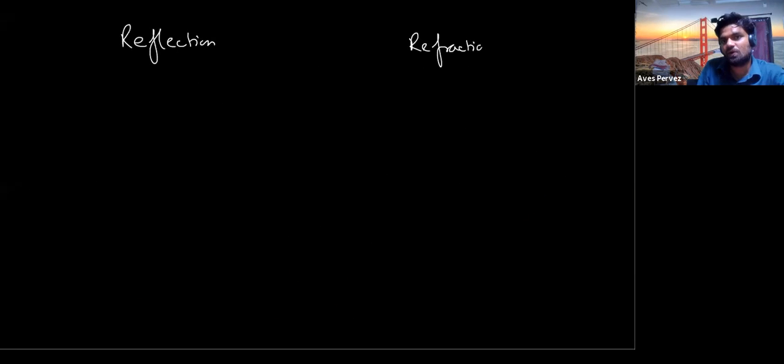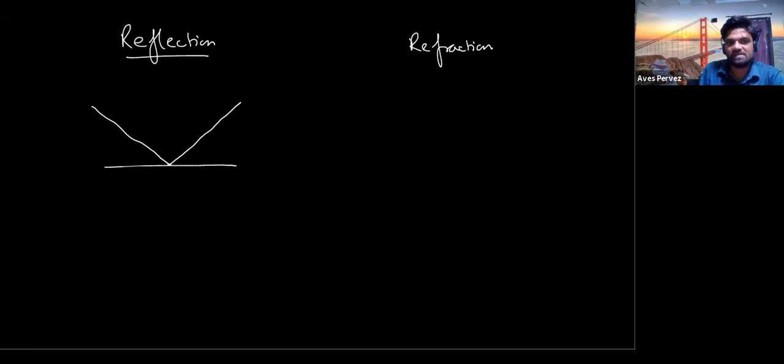What are the conditions? When light travels and strikes a shiny surface, or a regular or irregular surface, and bounces back to its original medium, that is, if the first medium is air, the light should come back to air. This phenomenon is known as reflection.